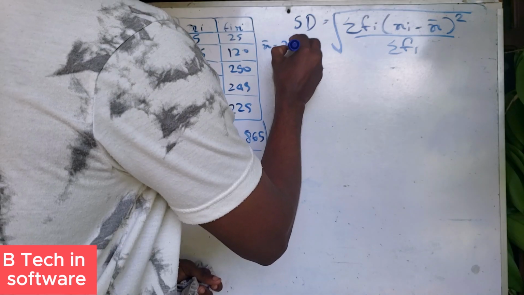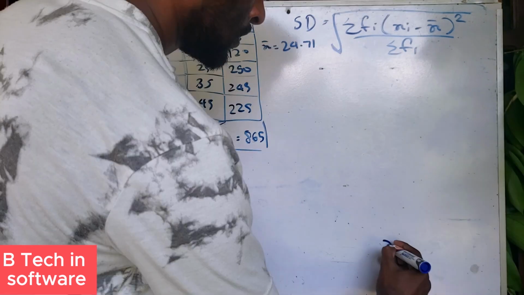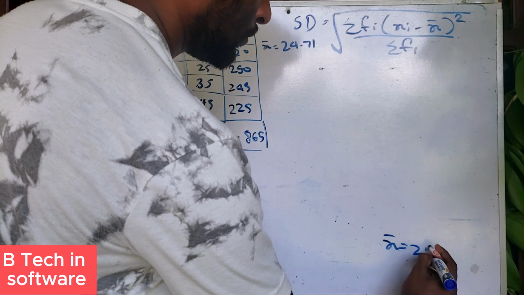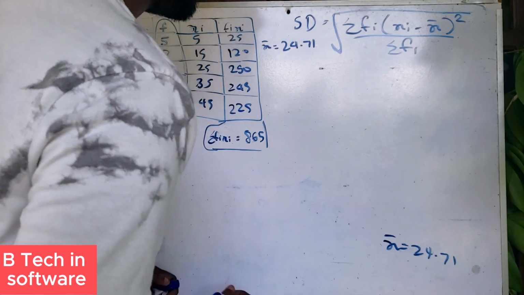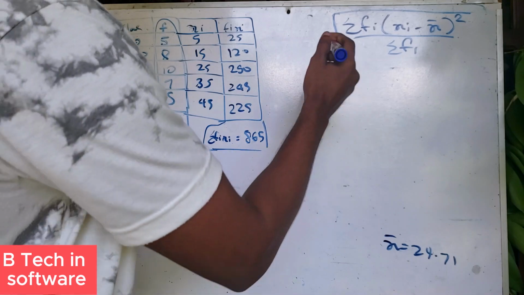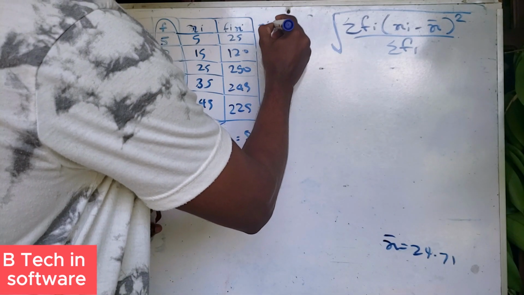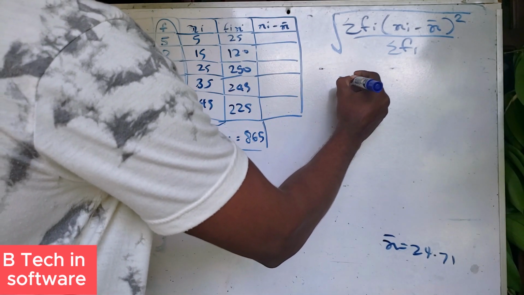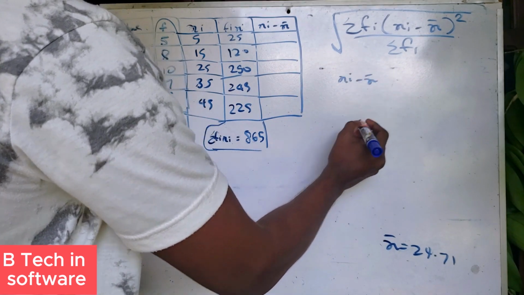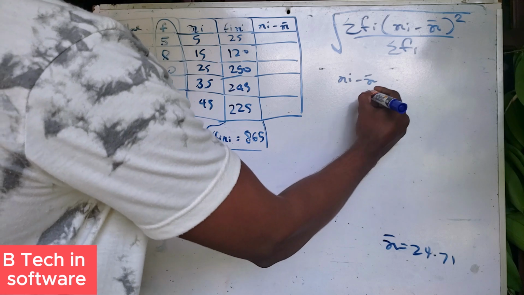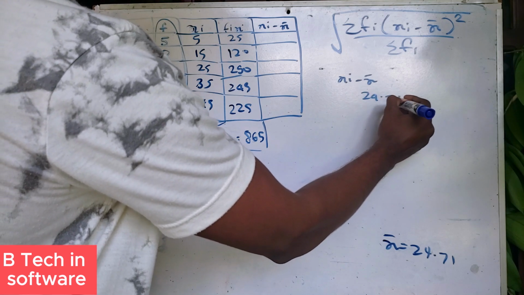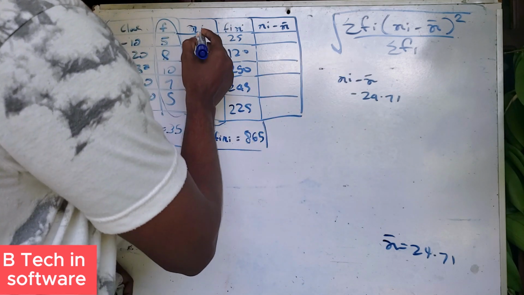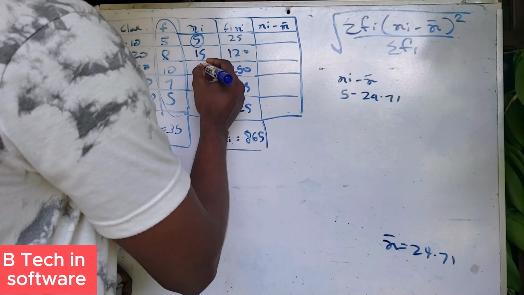X bar is 24.71, and you can see we need to find xi minus x bar. Now x bar is 24.71. xi means we need to take 5 and 15.